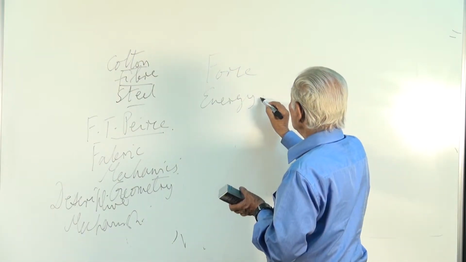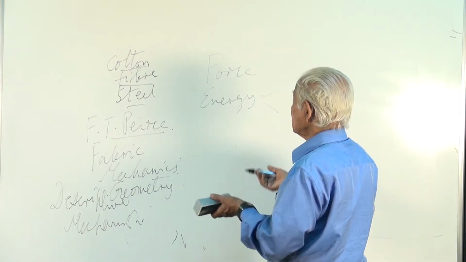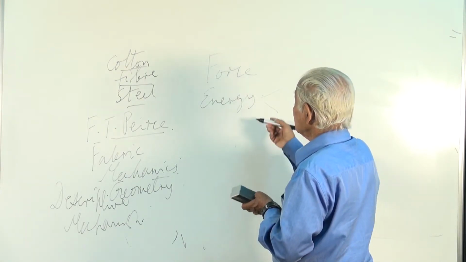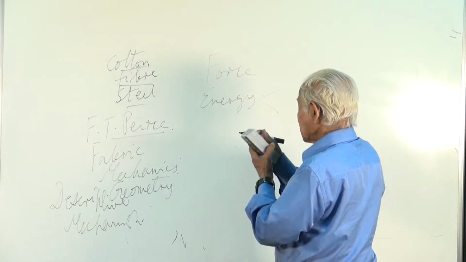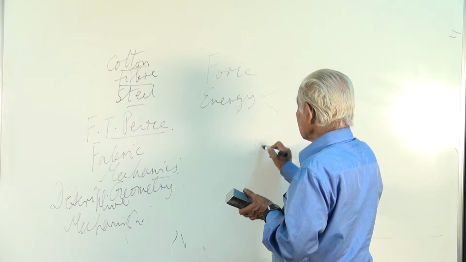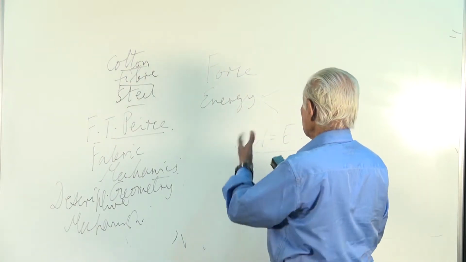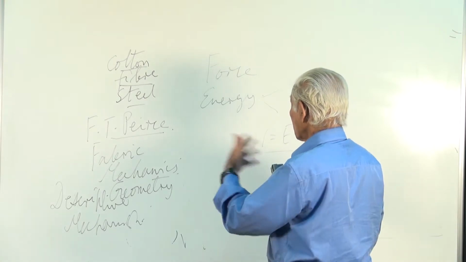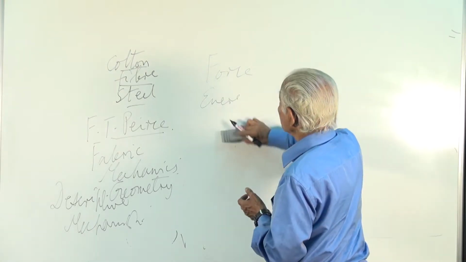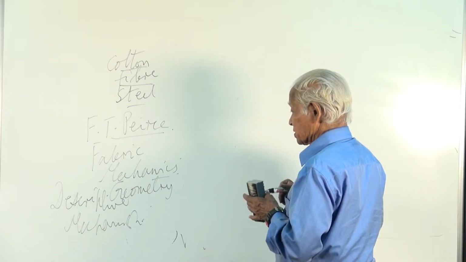So, by using the principles of the energy, that is the work done when a material is pulled, it does some work. So, the work done is equal to the energy. So, based on this premise, so many relationships have been put forward, and the properties of the fabrics have been predicted knowing the structure of the fabrics.